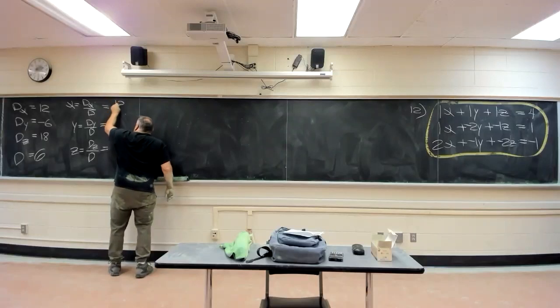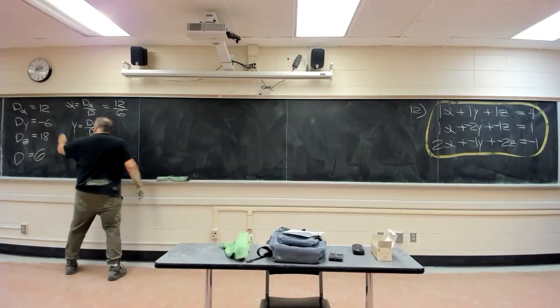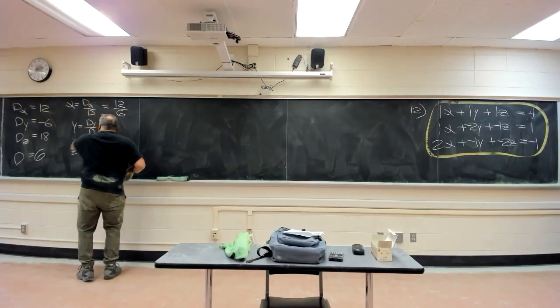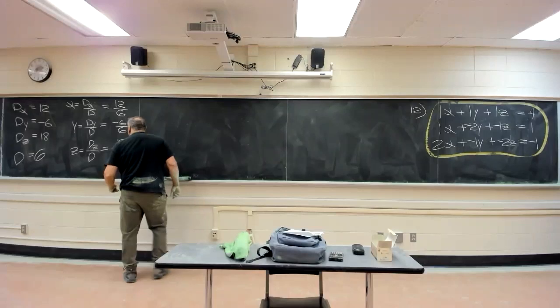dx is 12, d is 6. Right, I mean, dx is 12, d is 6. dy is negative 6, d is 6. dz is 18, and d is 6. That's kind of neat.